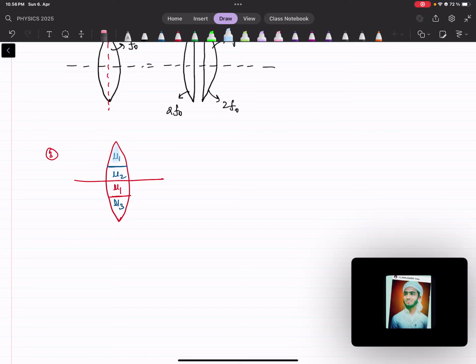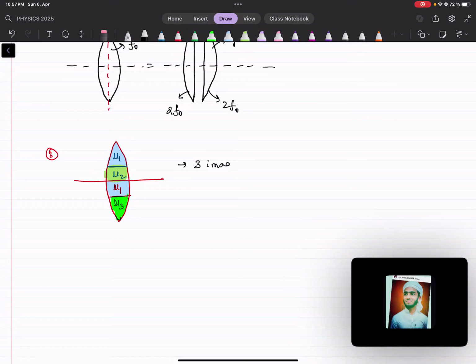This is one lens. This is another lens. This one is again the same lens, same material, like the one I have taken above. And the lower one is again different. So how many images will form? Mu1, mu2, mu3. So 3 images.